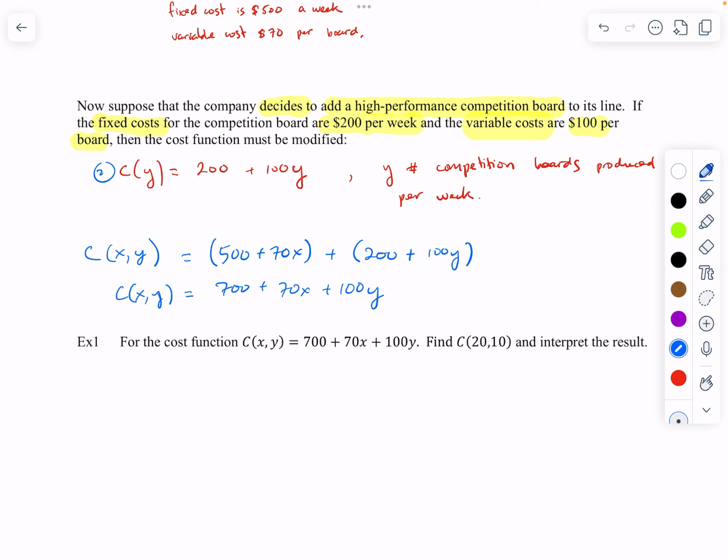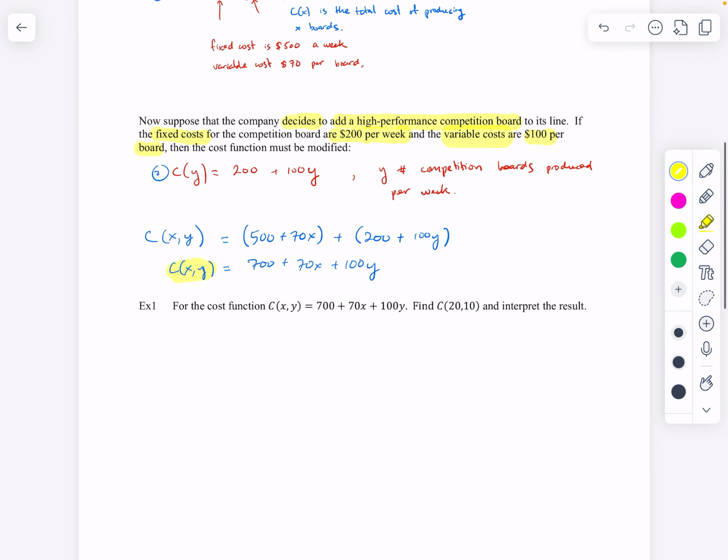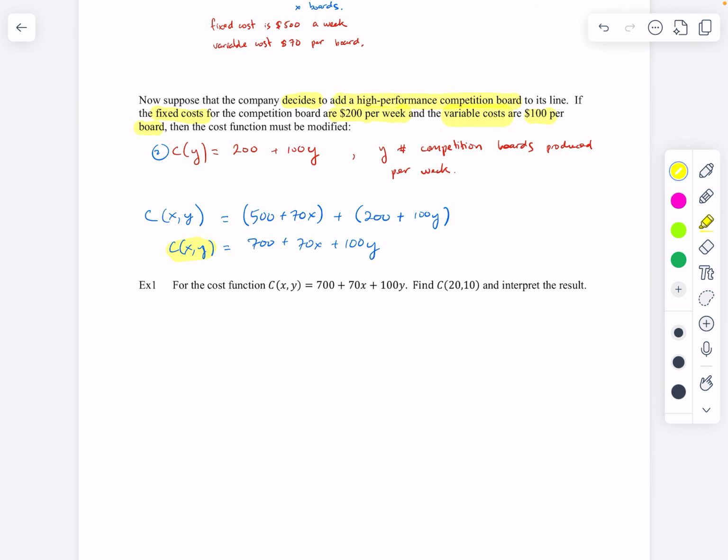We can think of this cost equation as a function of several variables. This is the cost function, and it depends on two variables, x and y. In this lesson, we're just going to briefly introduce how to evaluate these types of functions and make sense of their interpretations. In the next lesson, we're going to briefly introduce the marginal analysis of functions of several variables, and as we recall, marginal analysis is another word for derivative.